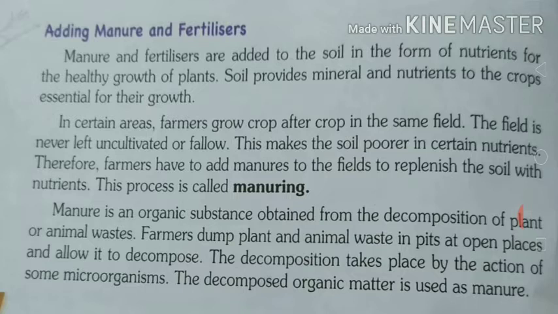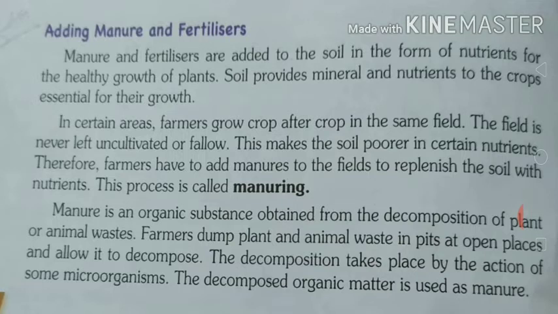The crop plants need a number of mineral elements for their growth, which they get from the soil through their roots. Now, repeated growing of crops in the same field removes a lot of precious mineral elements, organic matter and other material from the soil.